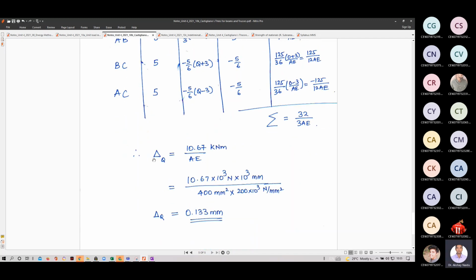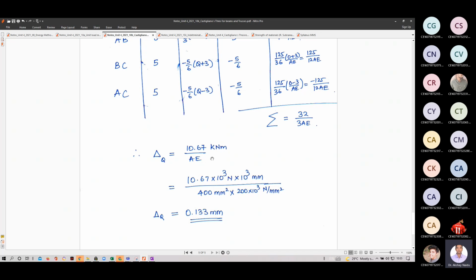Units should be mm here. So we convert 10.67 into 10 to the power 3 Newton into 10 cube mm, divided by area 400 mm square and Young's modulus 200 into 10 cube Newton per mm square. mm square cancels, Newton cancels. The final resulting unit is mm.